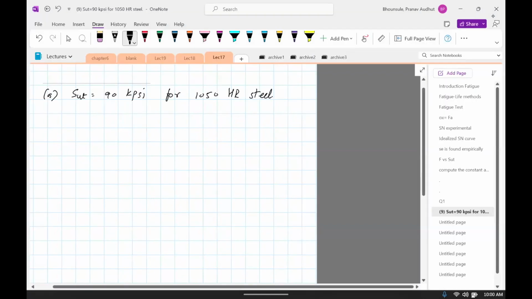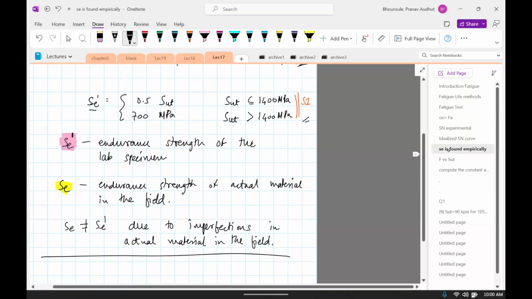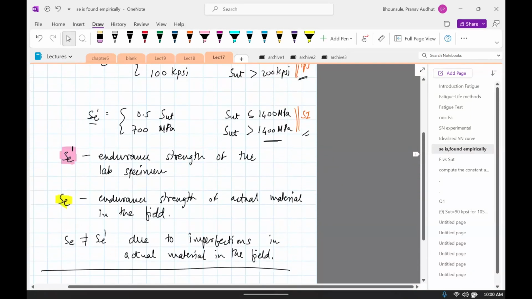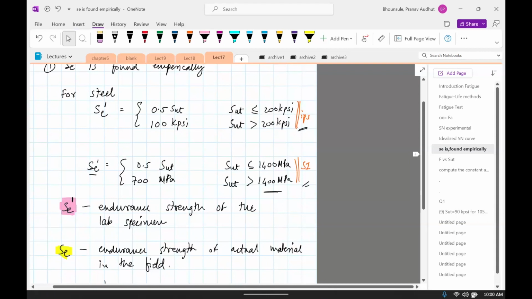Next step is to compute SE. So we know that SE is, well, this is in MPa. Do I have it in kpsi? Oh, there it is. I have it in kpsi. If it's less than 200 kpsi, which it is, then the formula is 0.5 SUT.